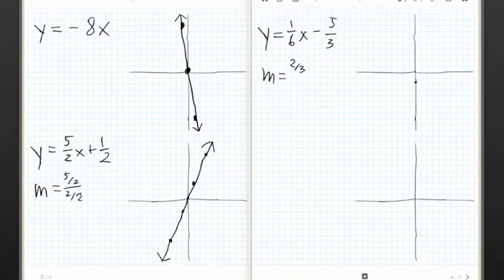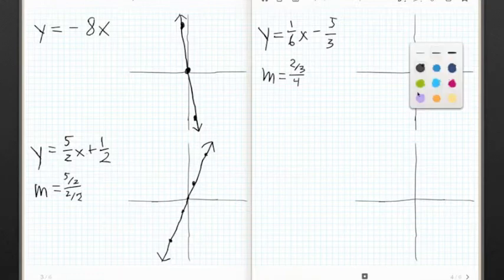Because if we have a change in y of 2/3, we'll get on this line right here. So how do we manipulate this fraction so that we have 2/3 in the numerator? Well, we'll have 2/3 over 4, because that will be equal to the 1/6 here. So that means we're going up by 2/3 and then over by 4.